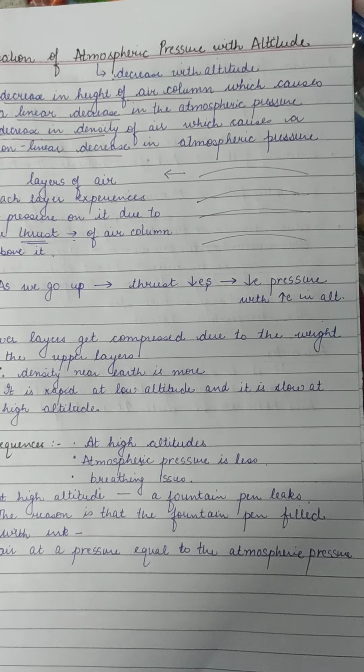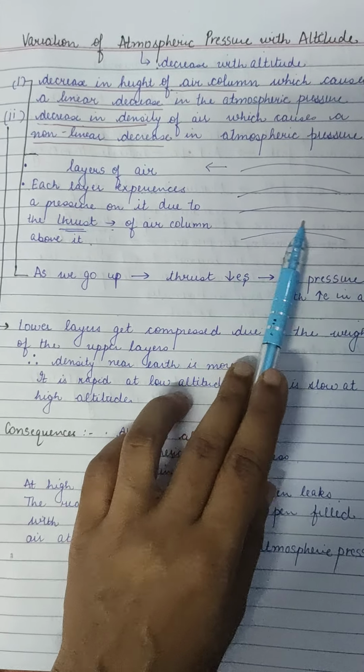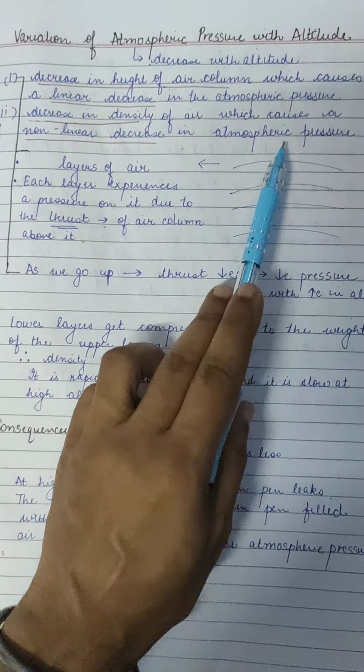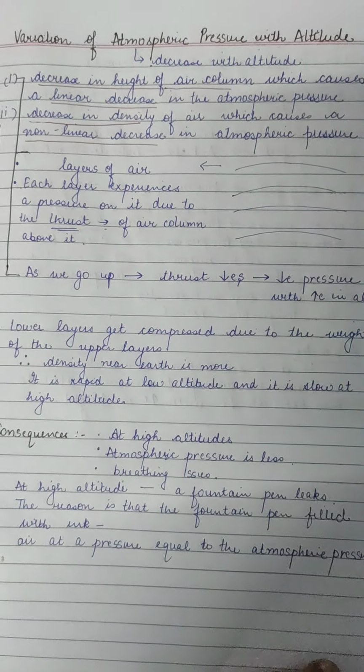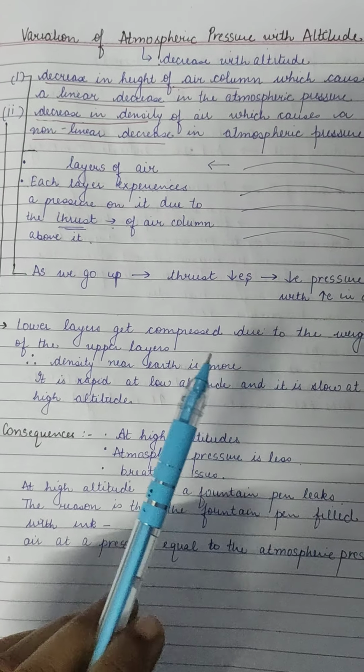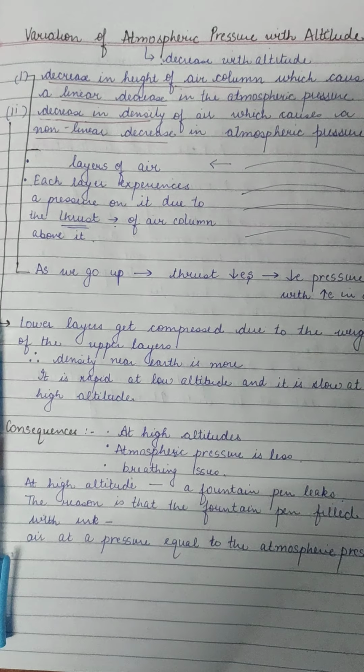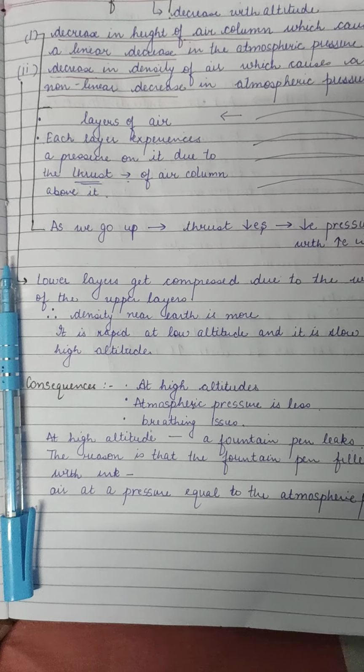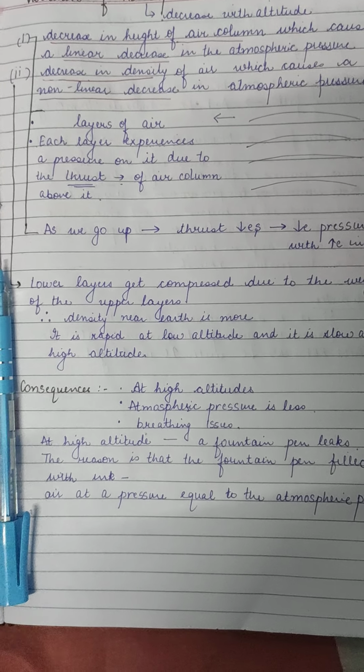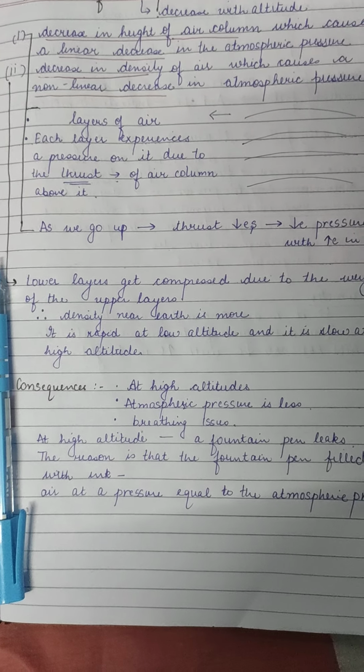Now all of you know that there are multiple layers of the earth's atmosphere. Near the earth, more dense air is there, then less dense, then less dense. Layers of air are there, and each layer experiences a pressure due to the air column above it.